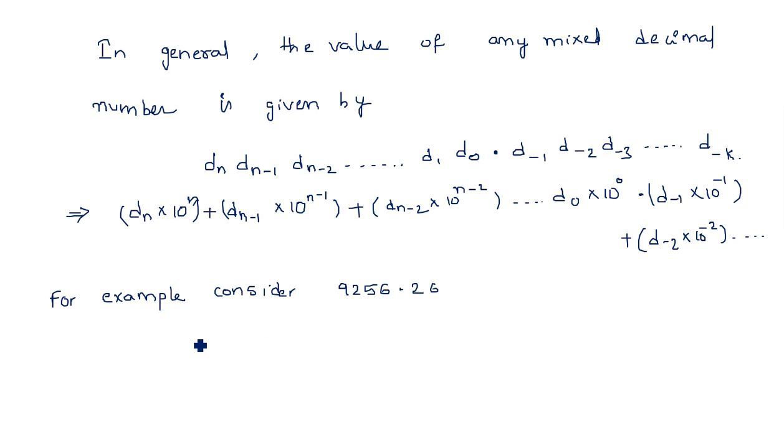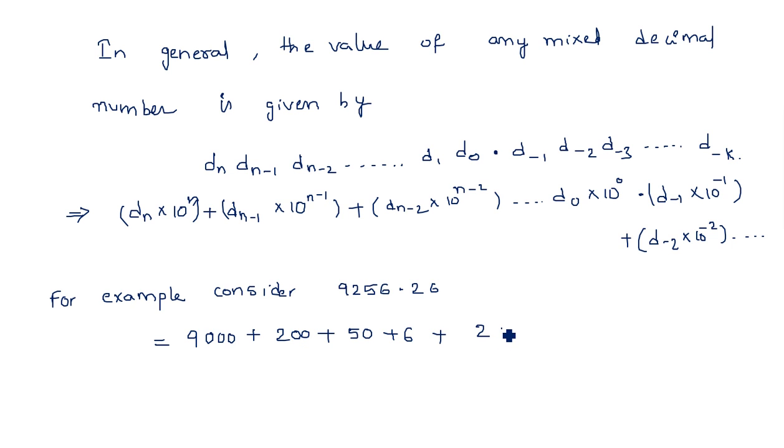In the above format, 9 is in the thousands place, so 9000 plus the expansion of this number, 200 plus 50 plus 6. That means 9 into 1000, 2 into 100, 5 into 10, and 6 into 1.